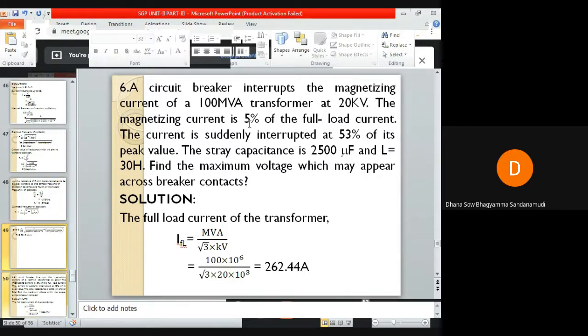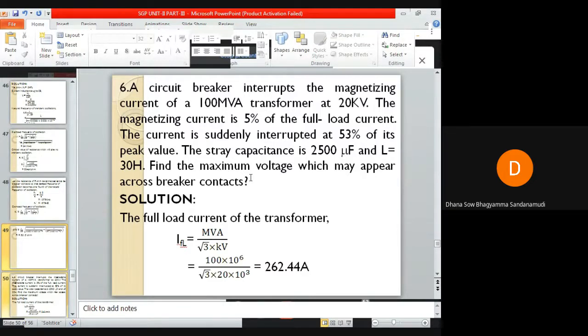The magnetizing current is 5% of the full load current, and this low inductive current is suddenly interrupted at 53% of its peak value. The stray capacitance is 2500 microfarad, and the inductance is 30 Henry. You have to find the maximum voltage which may appear across the circuit breaker contacts.